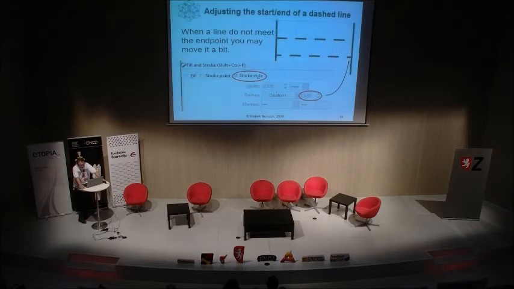Next problem is when we draw, very often or practically always happens what happened at the top, that our line starts when we want to start it, but ends somewhere before.